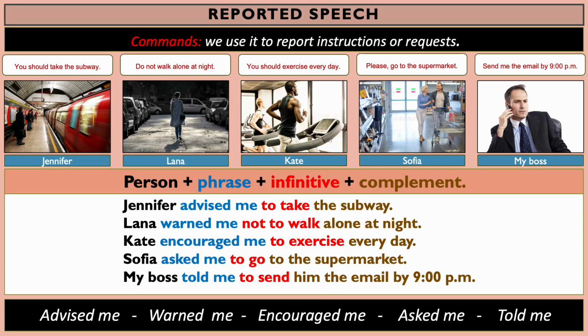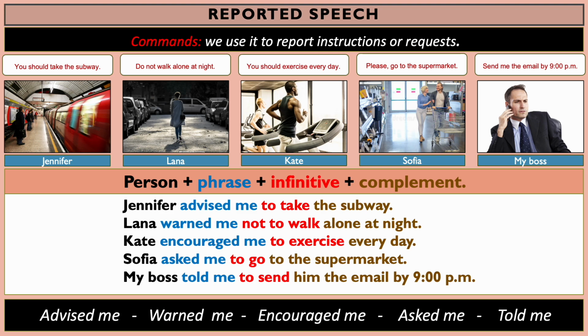Reported speech commands. We use it to report instructions, requests. So here you are going to repeat instructions, requests, petitions, or recommendations. You're going to use expressions like advised me. Advice is for recommendations. Warned is for warnings, a recommendation that you need to follow because if you don't follow that recommendation, usually you have a negative consequence.